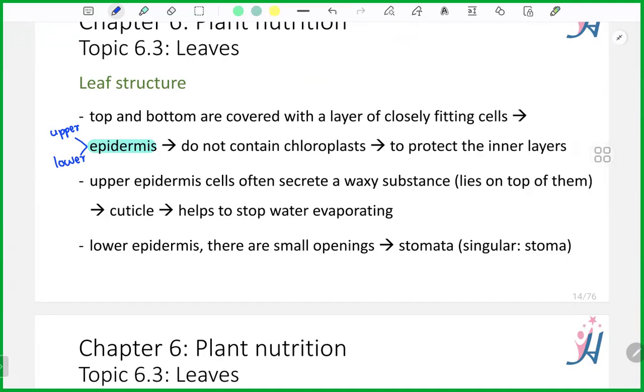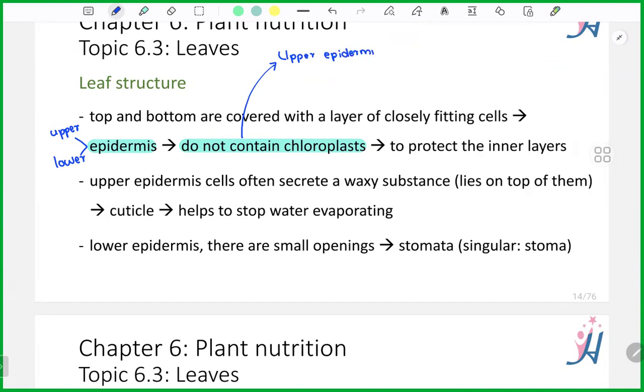As you can see from the diagram again, both epidermal layers do not contain chloroplasts. So since they do not contain chloroplasts, let's talk mainly about the upper epidermis.